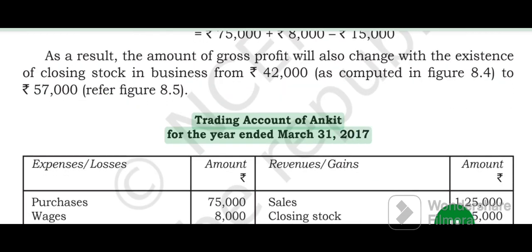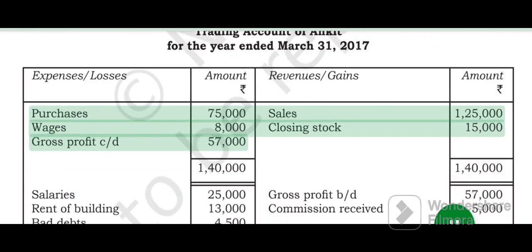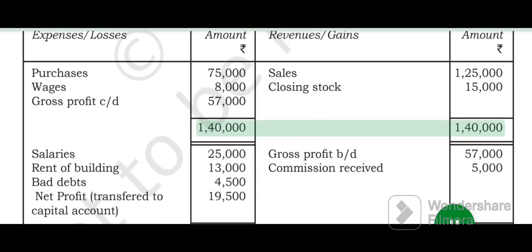Trading account of Ankit for the year ended March 31, 2017. Expenses, losses, amount; revenues, gains, amount. Purchases 75,000, sales 125,000, wages 8,000, closing stock 15,000, gross profit 57,000. Total 140,000 each side.